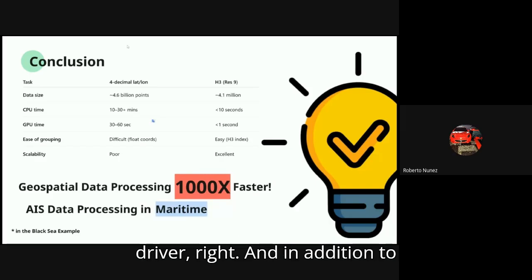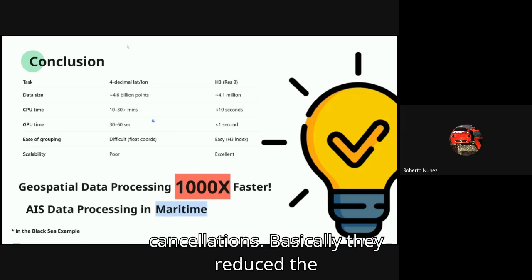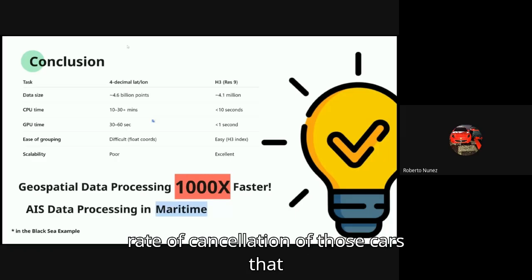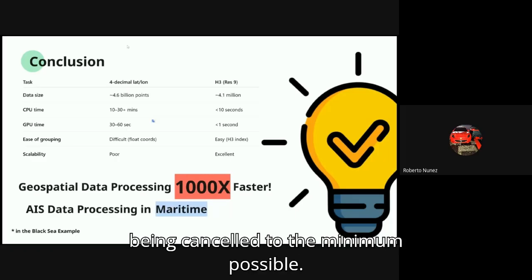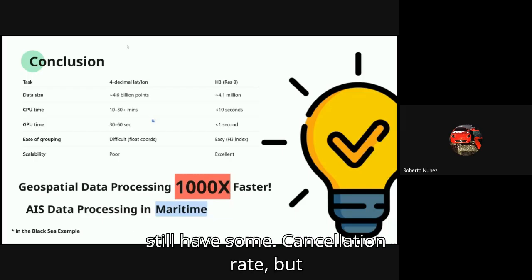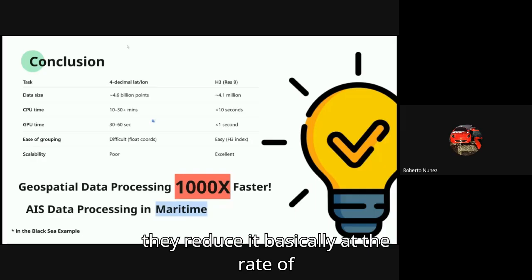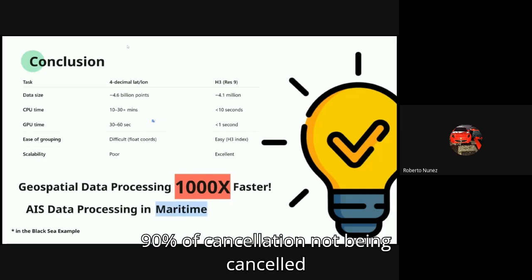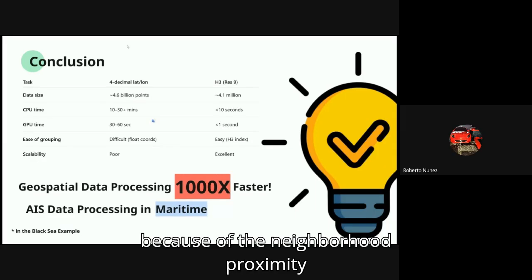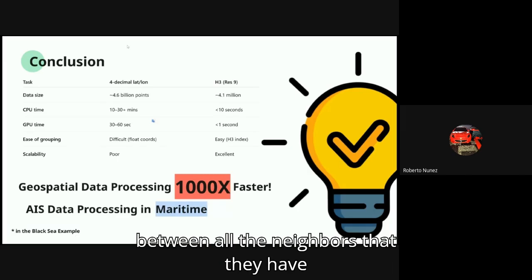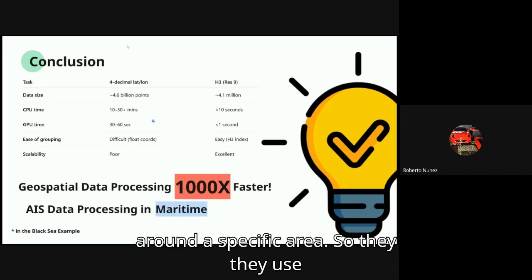And in addition to that, they reduced the rate of cancellation of those cars to the minimum possible. Of course they still have some cancellations, but they reduced it at a rate of 90%, because of the neighborhood proximity between all the neighbors around a specific area.